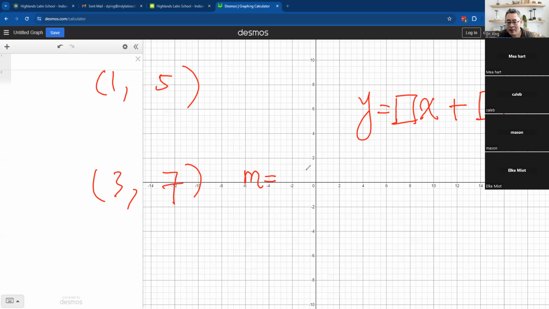If you don't know how to find the slope, you just type IDK. If you know how to find the slope, just let me know, give me the slope, okay? So write out what's the slope based on those 2 points. Right, okay, good. Anybody else?